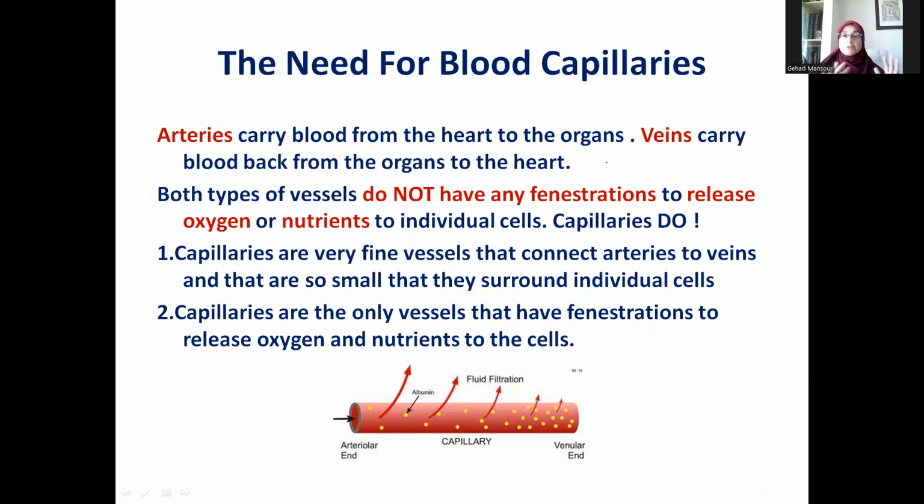So as you know, by definition, an artery is a blood vessel that carries blood from the heart to an organ, whereas the veins, by definition, carry blood from an organ to the heart.